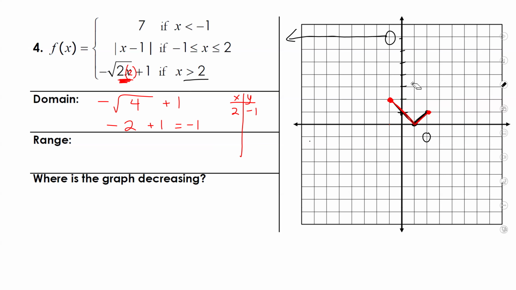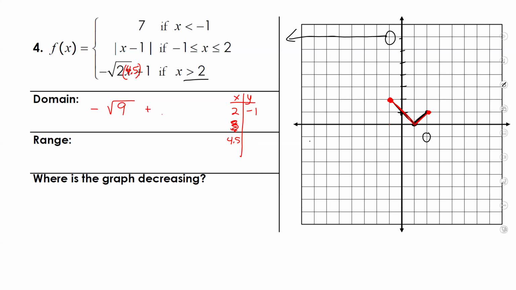Let's plug in a 3 for the x value. Oh, actually, what's a better number to plug in? An 8. 4.5? That's good. What's 2 times 4.5? 9.